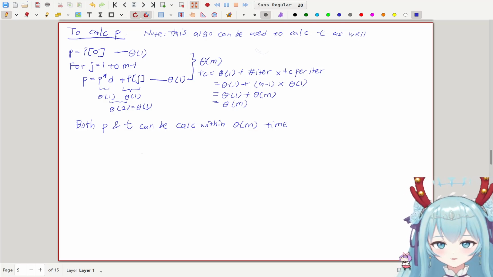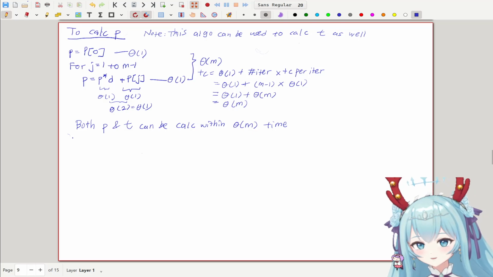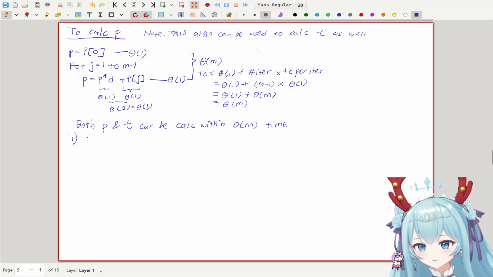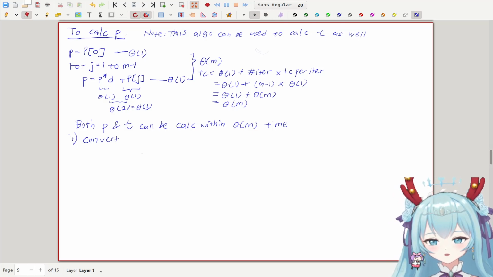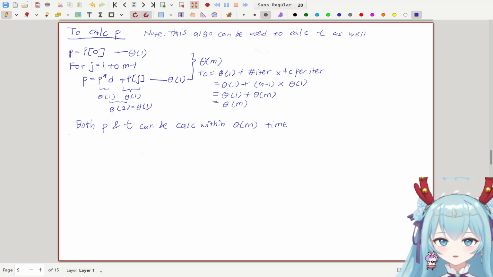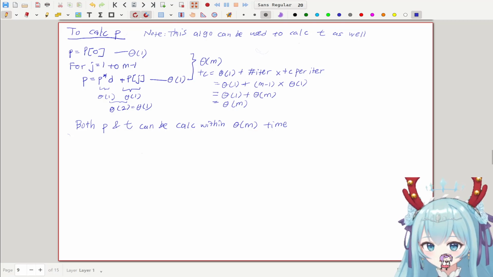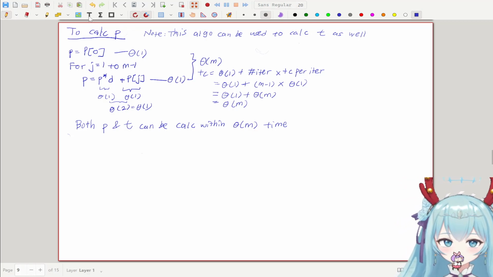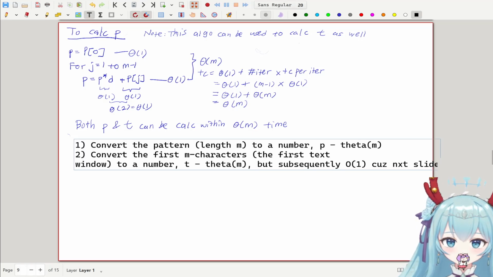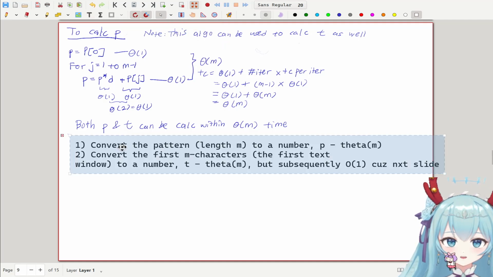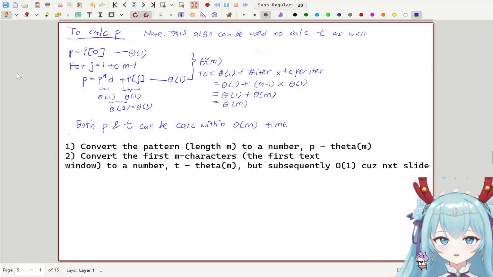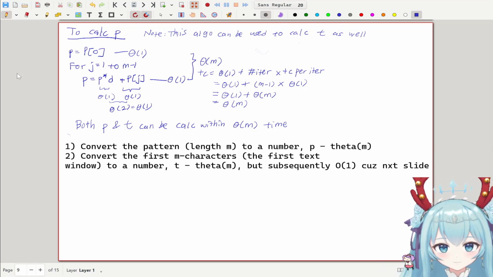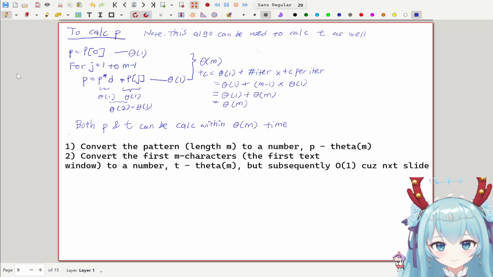But one thing that we actually later also realize is that when we want to convert the first pattern, which is of length m, to a number p, you take theta of m, as explained earlier.